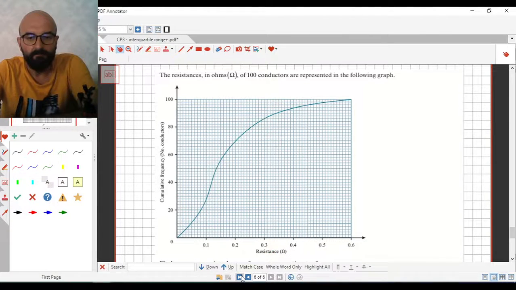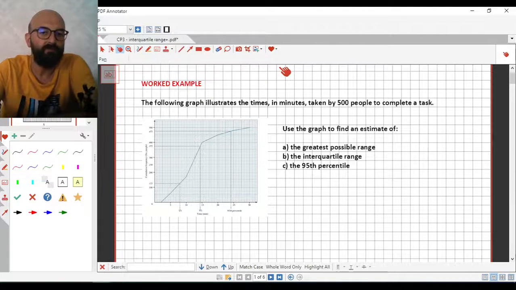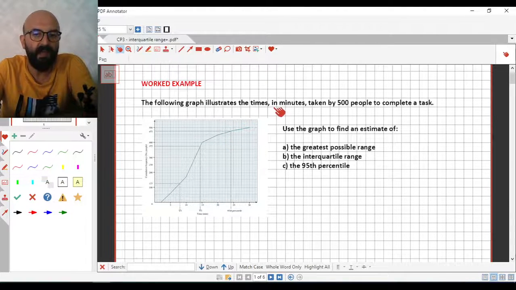For example, the following graph illustrates the times in minutes taken by 500 people to complete a task. Use the graph to estimate the greatest possible range.